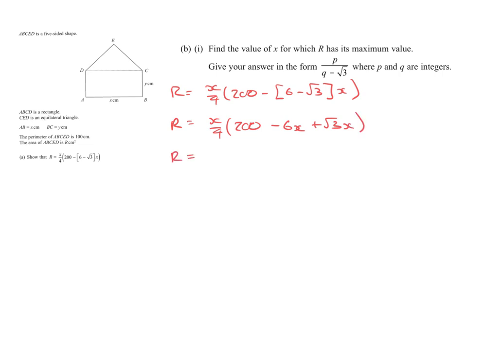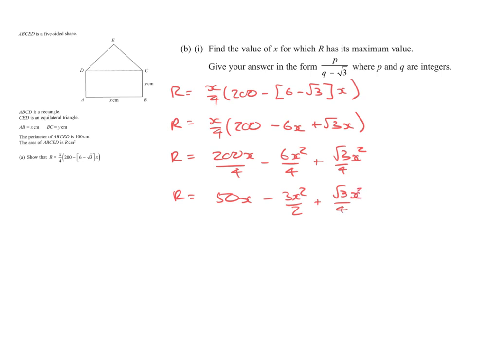That then gives us 200x over 4 minus 6x squared over 4 plus root 3 over 4x squared. And that will then give us 50x minus 3x squared over 2 plus root 3 over 4x squared.